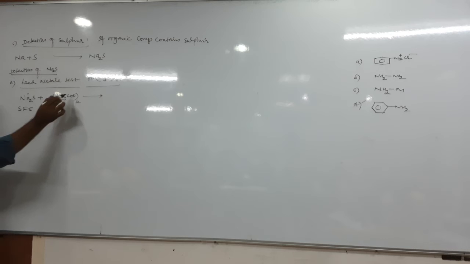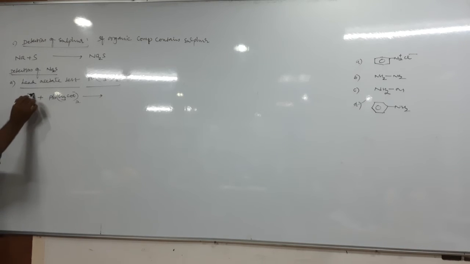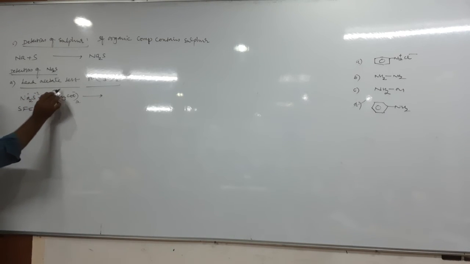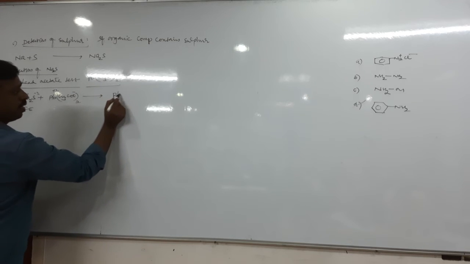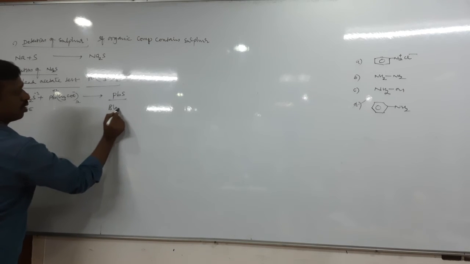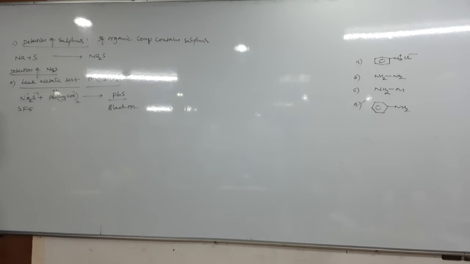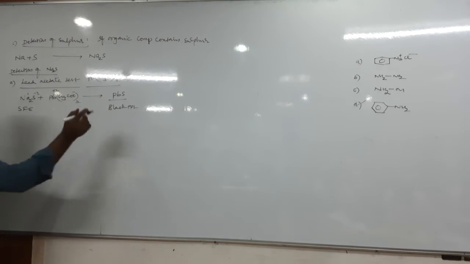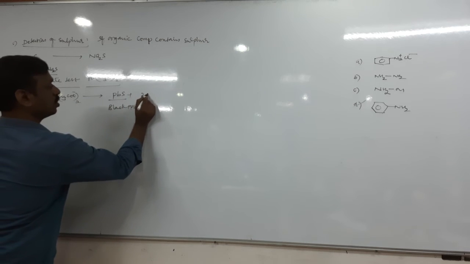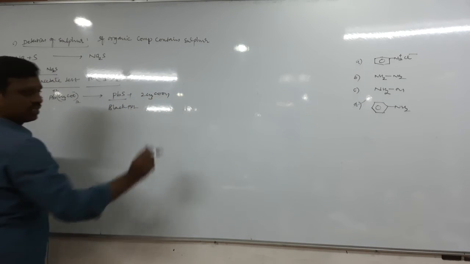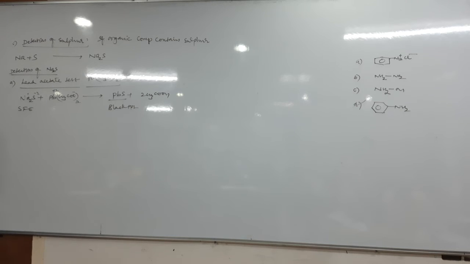Sodium is positive, acetate is negative. S is negative, lead is positive. We will get PbS. This is a black precipitate. Heavy metal sulfides are black precipitates. Lead sulfide, copper sulfide, silver sulfide, all sulfides are black precipitates. And the remaining is 2 moles of acetic acid. It confirms presence of sulfur.